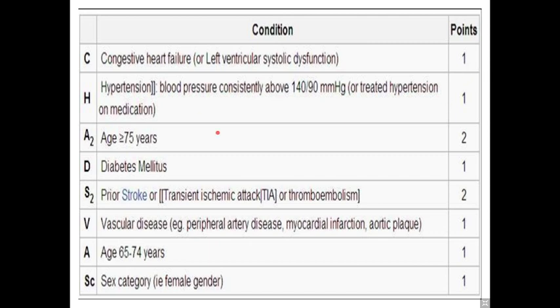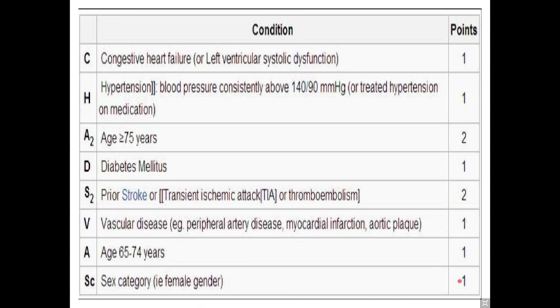Hypertension, 1 point. Age more than 75 years, 2 points. Diabetes mellitus, 1 point. Previous stroke, 2. Vascular disease like myocardial infarction or aortic plaque, 1 point. And age 65 to 74 years, 1 point. And female gender, also 1 point.